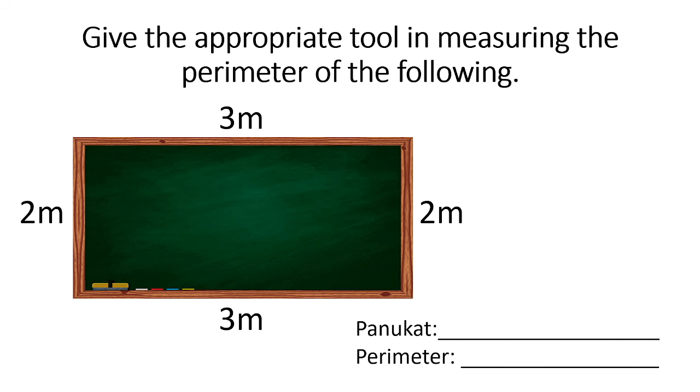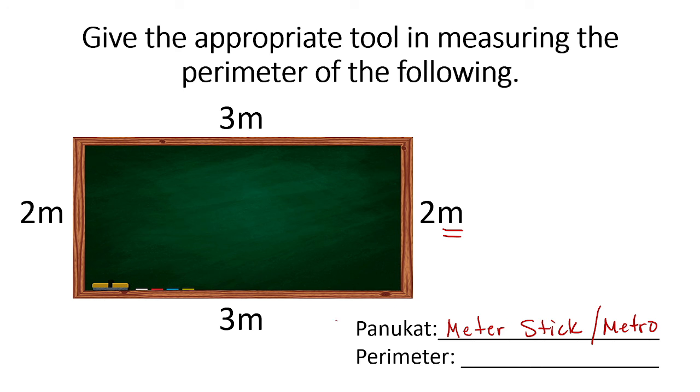Okay, give the appropriate tool in measuring the perimeter of the following. First picture natin is blackboard. We have 3 meters by 2 meters. Dahil ang unit ay meter, pwede natin isulat meter stick, or pwede na rin natin Tagalogin, metro.